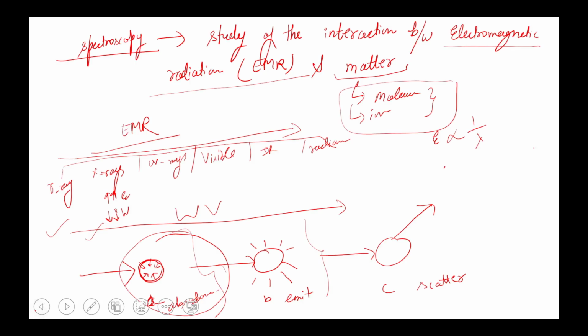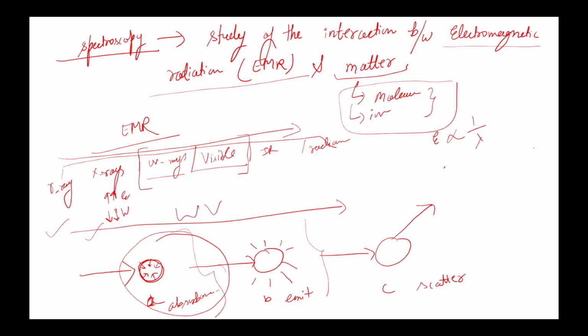I'm drawing a very simple setup of this spectroscopy here. UV visible spectroscopy covers the range of UV rays and the visible range.